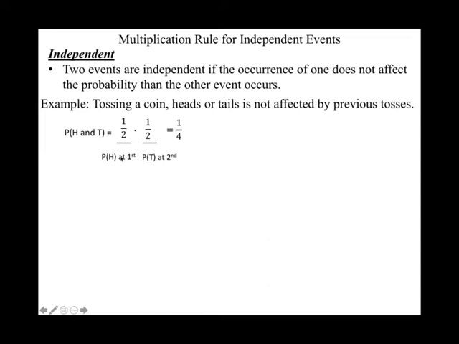Okay, it isn't affected by the first one, and we call this an independent event. So I could write the formula like this: probability of head and tail equals the probability of head times the probability of tail. The second event isn't affected by the previous one, and we call this an independent event.